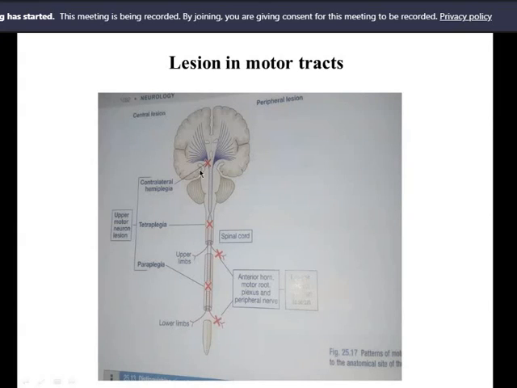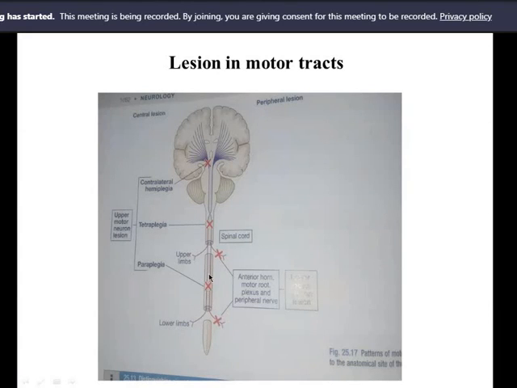So if the cut is here, the internal capsule is cut, so this tract will be affected. So there will be hemiplegia. Then if after crossing both the tracts are lesioned, there will be quadriplegia, hands and feet all will be paralyzed. So that is called tetraplegia or quadriplegia, right?